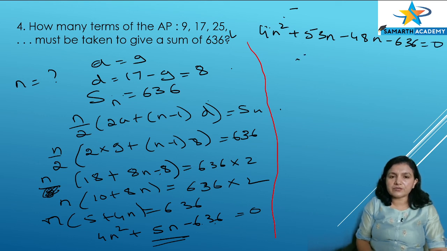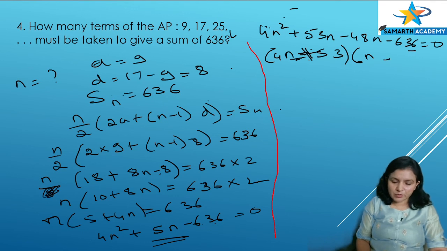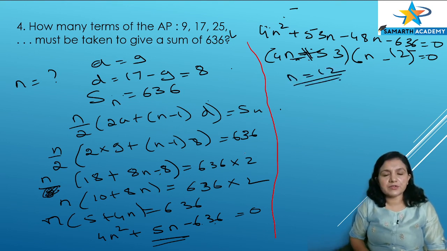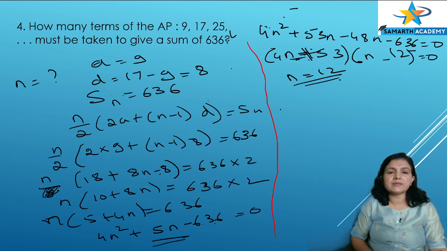On factorization we get 4n plus 53 into n minus 12 equal to 0. So n is equal to 12. Hence the number of terms is 12. So 12 terms have to be taken to get the sum as 636.